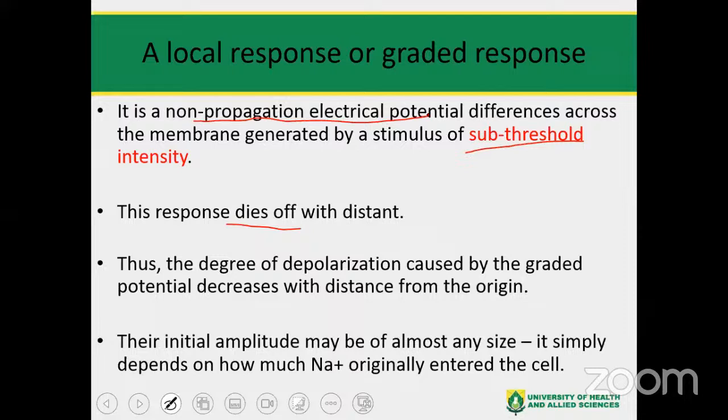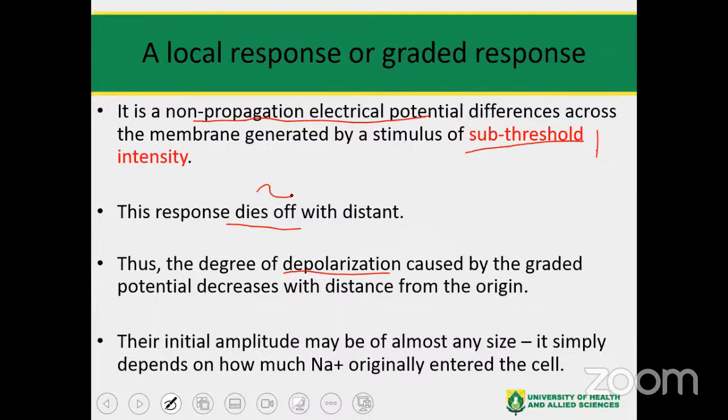Now, this is a term that we will be explaining, depolarization. We said the depolarization caused by the graded potential decreases with distance. It decreases to the extent that it dies off. So we have sub-threshold and the thing dies off, non-propagation. Very important.